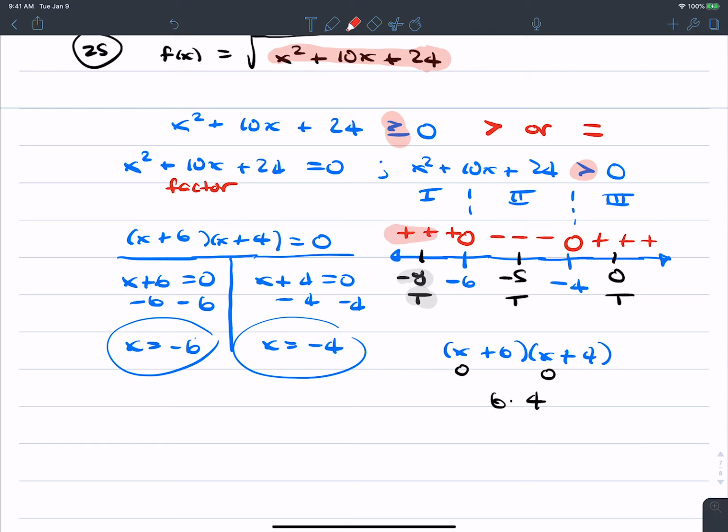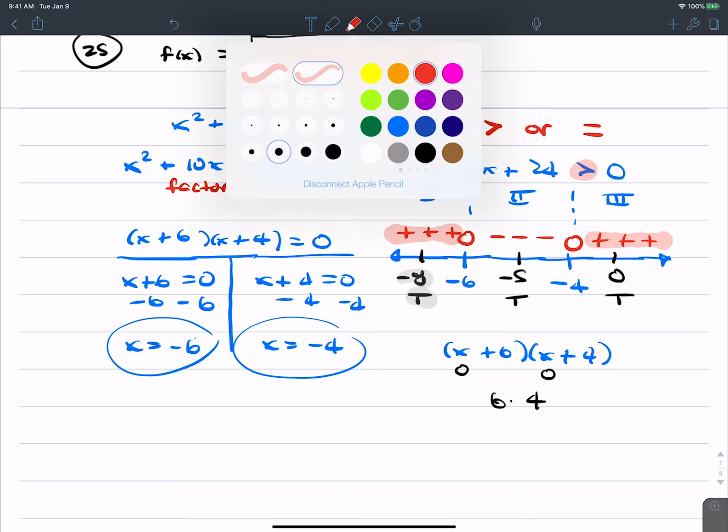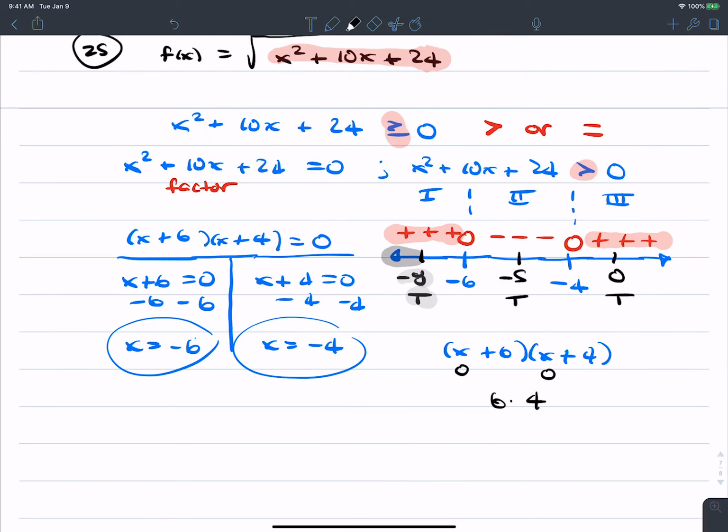It's positive in region 1 and region 3, which means we're going to shade the values to the left of -6 and the values to the right of -4, because this is where my region is positive, greater than 0. We also include the values of -6 and -4 because this is where it also equals 0. So we're going to include those.